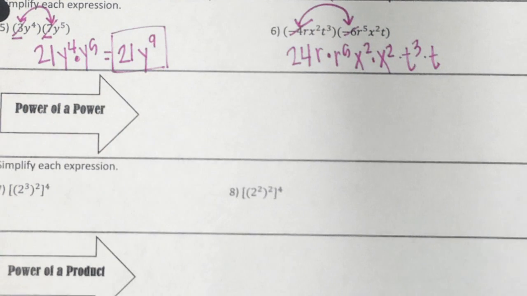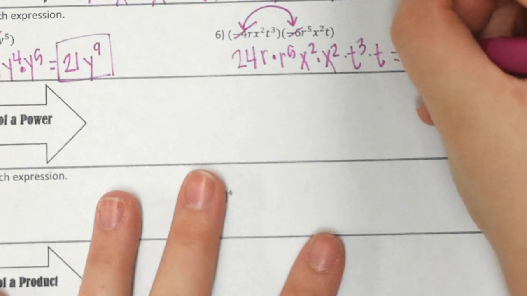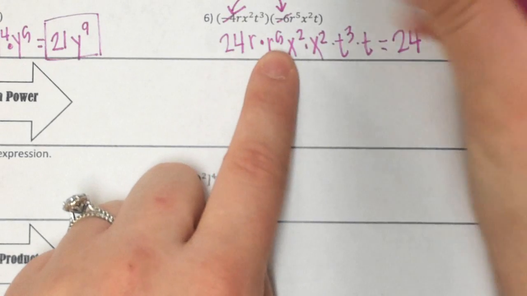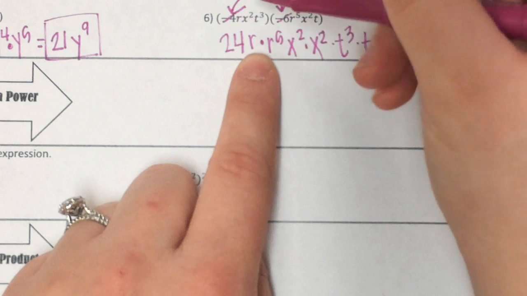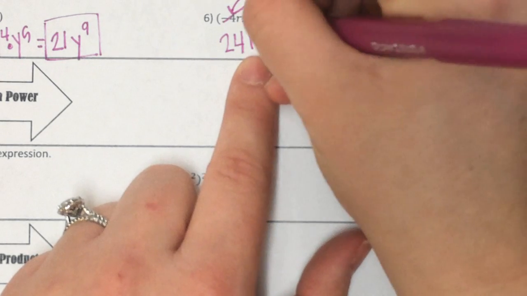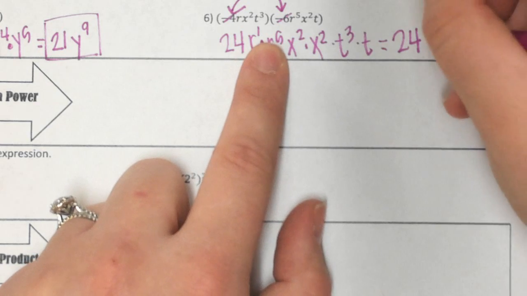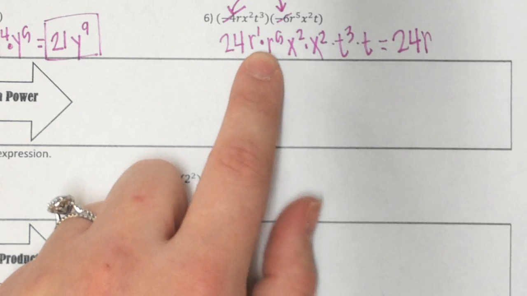Okay, so I just brought them down and put them where the bases that are similar, the ones that have the same base, are beside each other. So now let's simplify. I have 24. R times r to the 5th. What if there isn't a base or a power on r? It's 1. So what's r to the 1st times r to the 5th? 6.